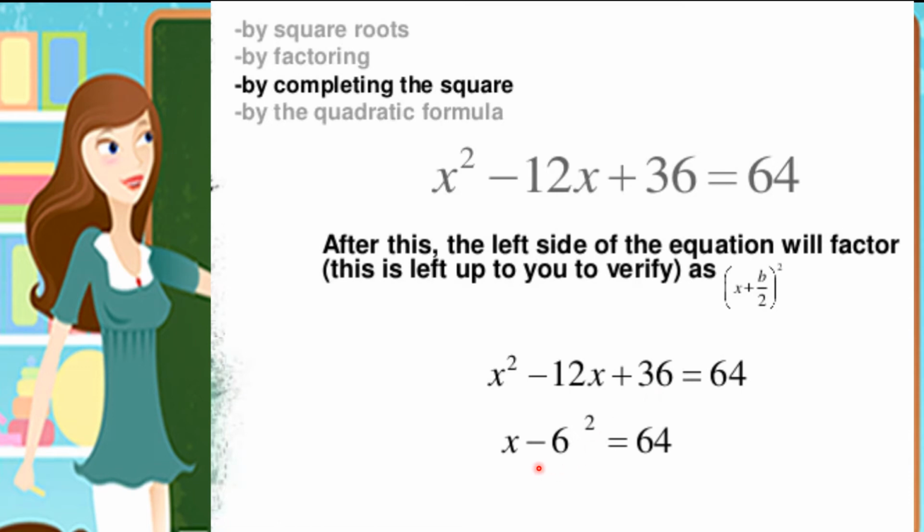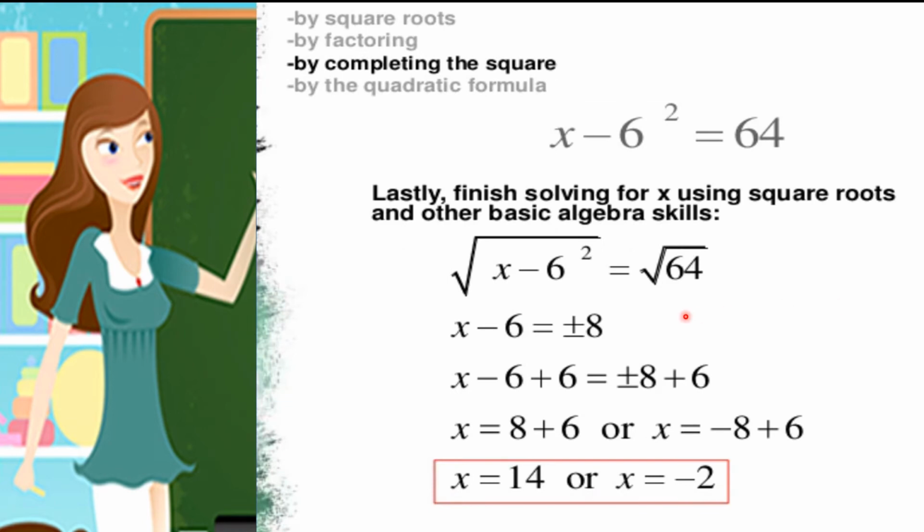Diba ang sagot kanina sa negative b over 2 ay negative 6? Okay, yun ang ilalagay natin. X minus 6 quantity squared is equal to 64. And then, we have to factor. Ito yung huli.